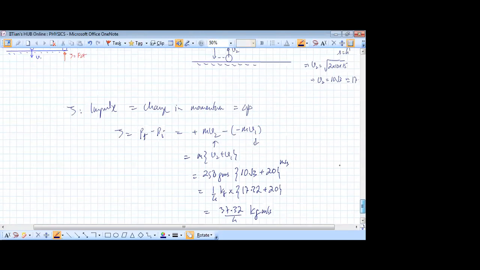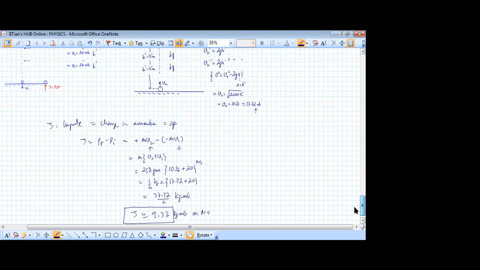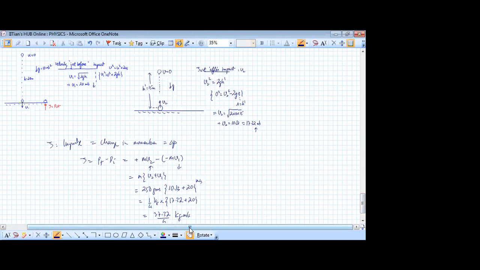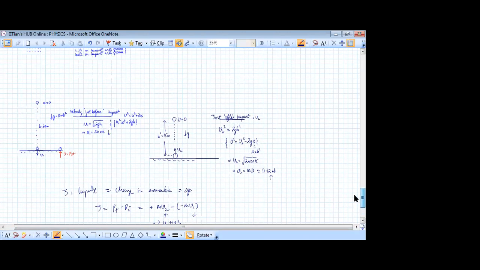Hope this solution is clear to all of you. I had taken the mass to be 250 grams only. Let me just recheck.